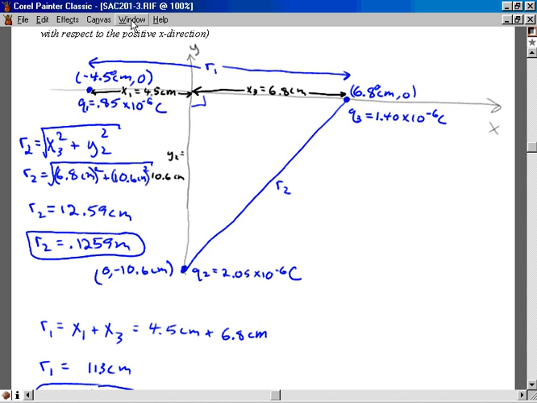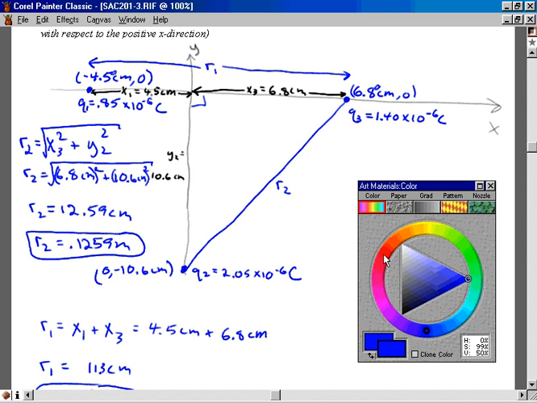I'll go ahead and depict that. I'm calling that F1. So we're finding the magnitude of F1 at this point.